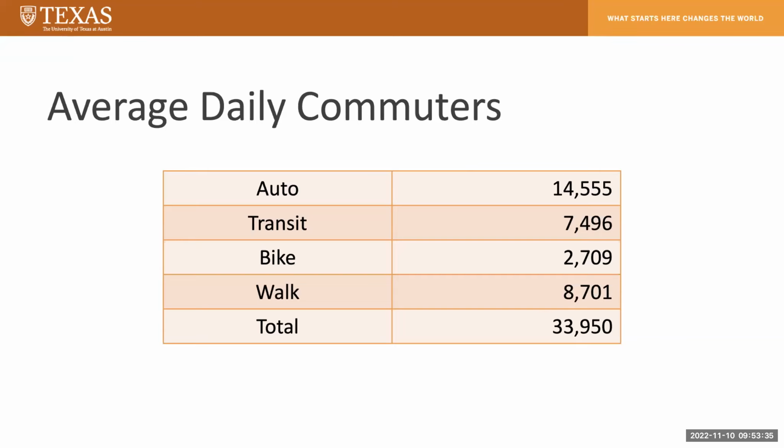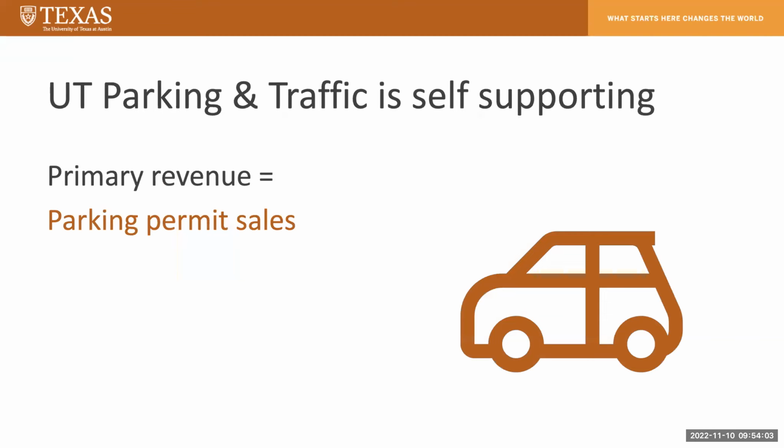So we have a little under 15,000 auto commuters daily, about 7,500 transit commuters, about 2,700 on bikes, nearly 9,000 walking, for a total of about 33,950. Remember, a daytime population of 70,000. If everybody came, all 70,000 would come every day, but about half of those actually come on a daily basis.